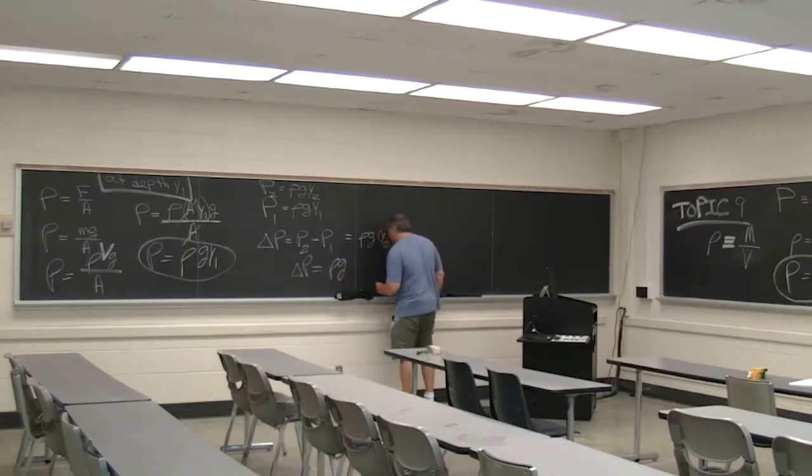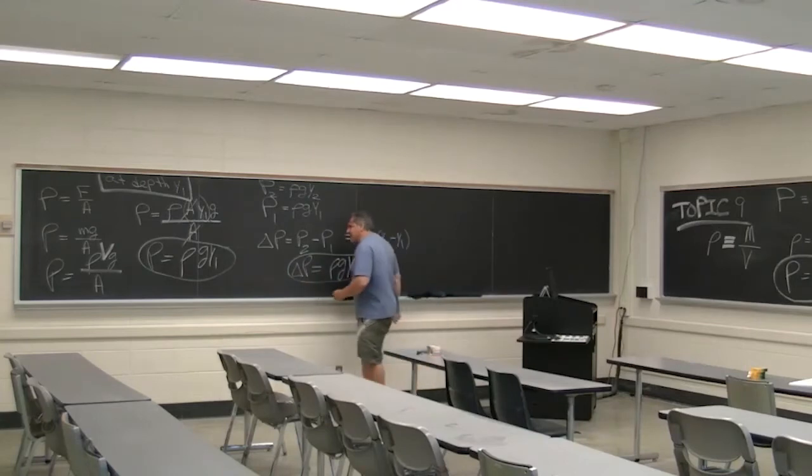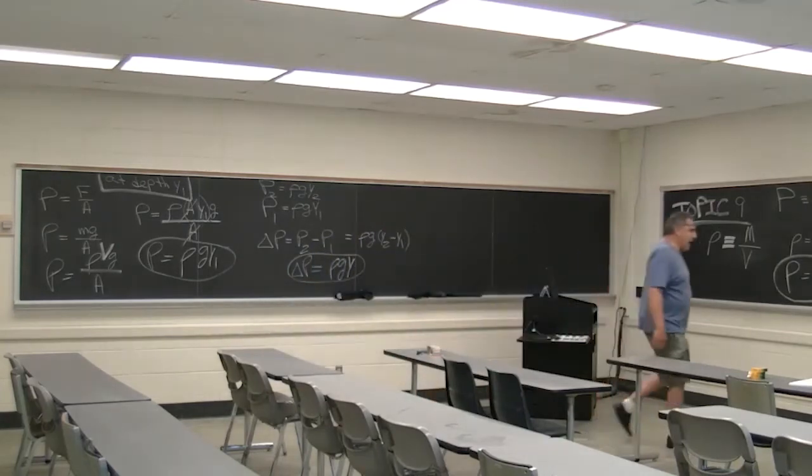Y2 minus Y1 we said is Y. It's the thickness of the rectangular box. And I already told you I can make this work for every box.